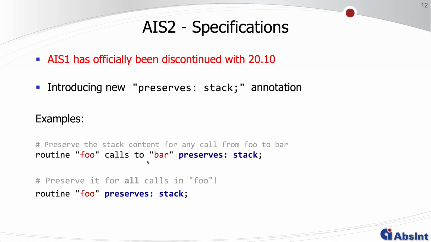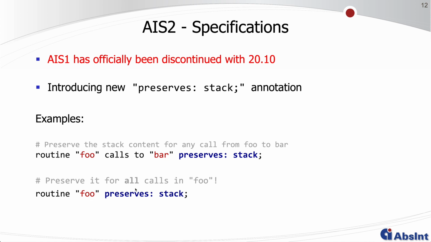And this is not that unusual if bar, for instance, is just a void function that has no reference to any local variable of foo and isn't able to modify the contents of these local stack cells. In this case, the user can say routine foo calls to bar preserve stack, or even more generic, you can say routine foo preserve stack.